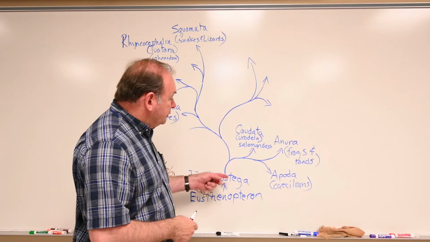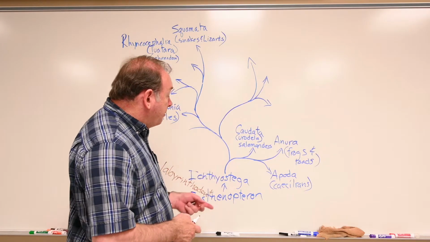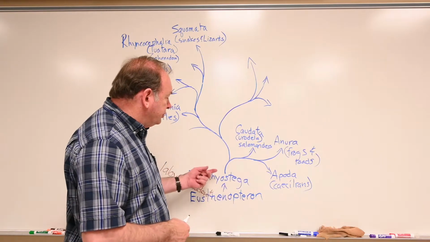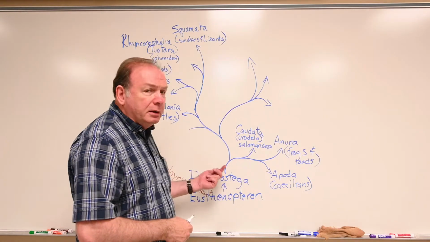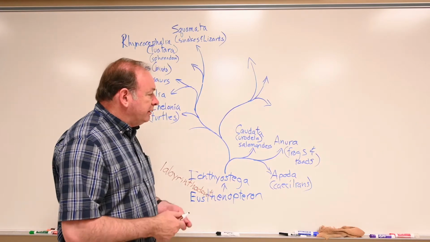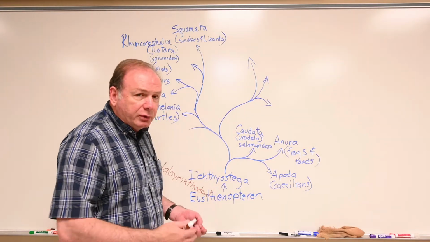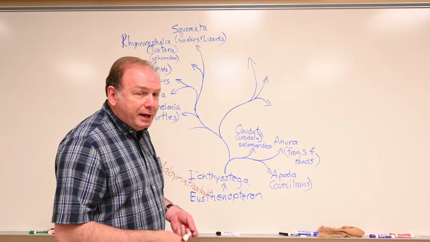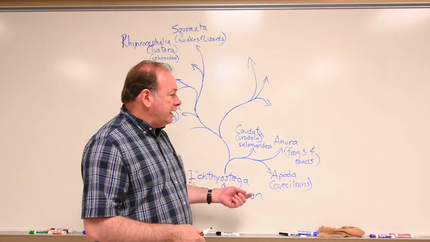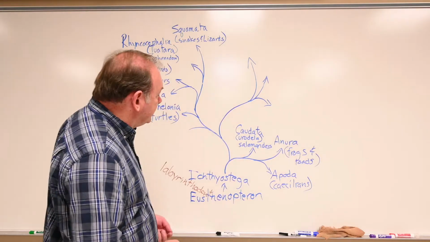So anyway, there are many different dead-end lineages that are supposed to be amphibian types of lineages that didn't make it through to living today. So the fossil record has a lot of variety of amphibian-like creatures that are not like today's salamanders, frogs, and caecilians.